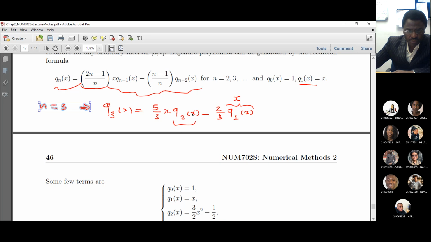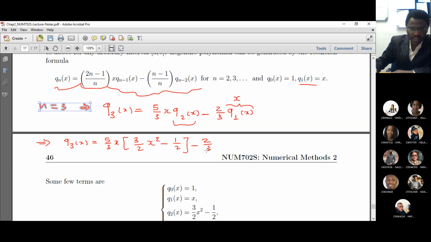Now, if we take this Q2, substitute here, then Q3 x will be equal to what? I just substitute this. Because to compute this one, you need what? You need Q1 and Q0. They are both here. You just substitute into that formula. Right? So I take that 3 by 2 x squared minus 1/2 minus 2 by 3 x.